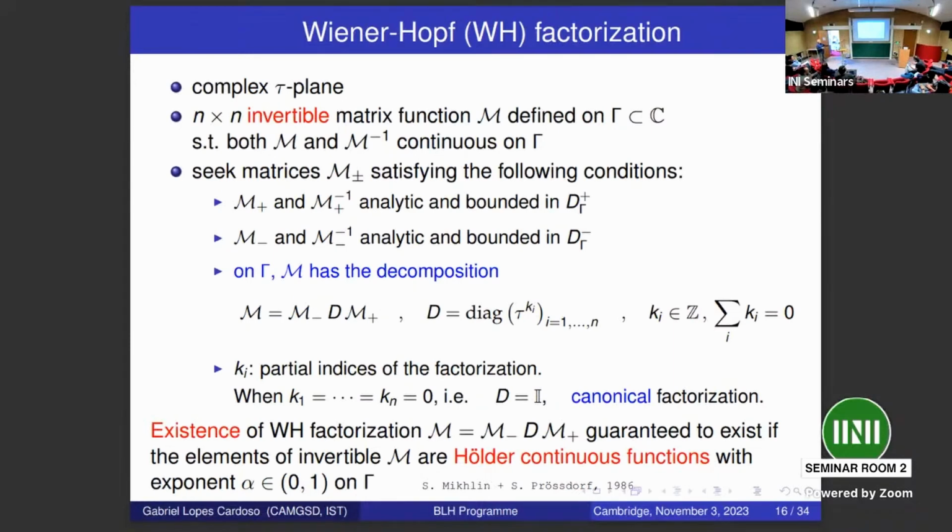But there are 2 obvious questions here, which is, when is it that a given matrix M that is continuous on the curve gamma, which you have chosen, actually admits such a Wiener-Hopf factorization? That's one question you may ask.